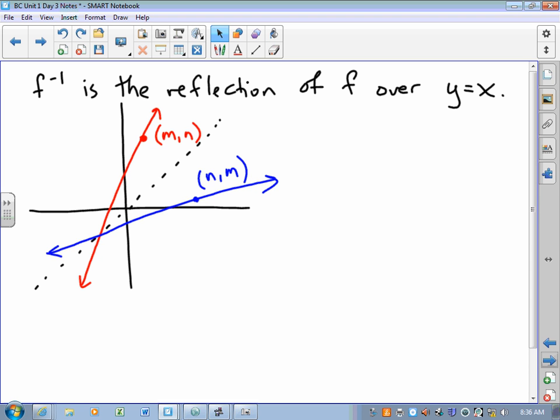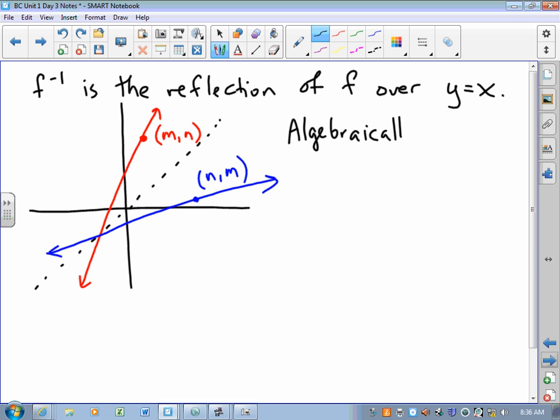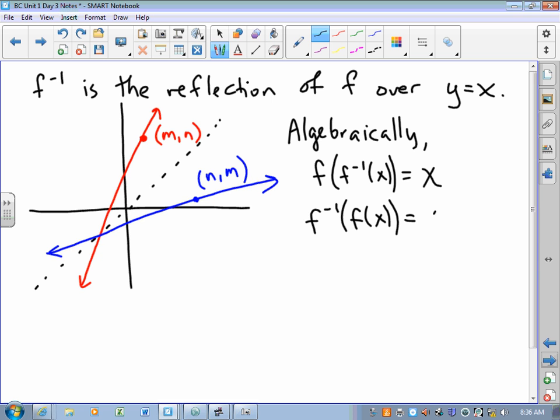Algebraically speaking, to find an inverse, we switch x and y and solve for y. Algebraically, f of f inverse of x is the same as x, and f inverse of f of x is the same as x.